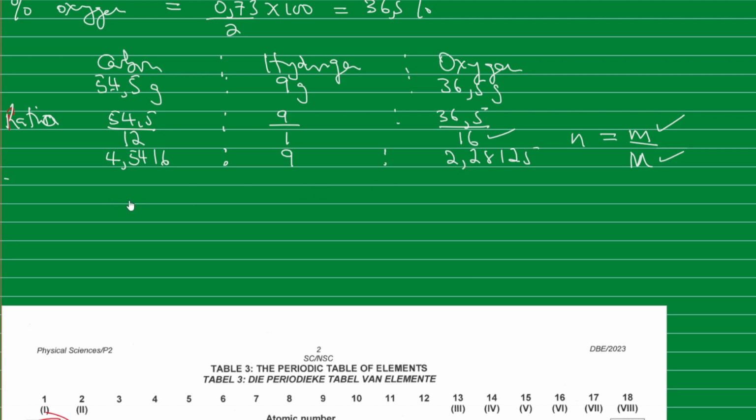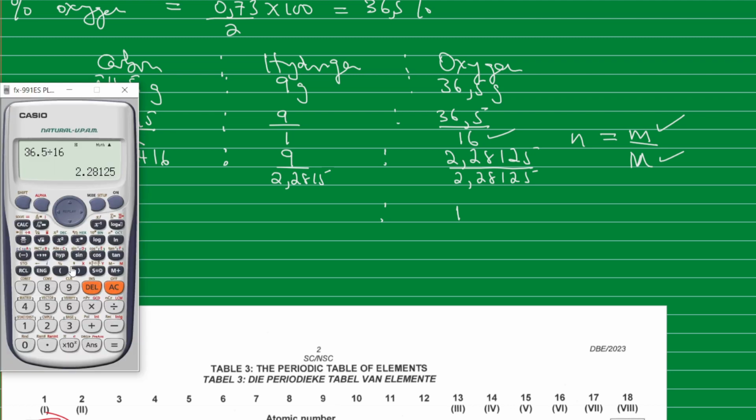Now to find the ratio, we have to reduce this to its simplest form. So we divide this by 2.28125, which gives 1 in simplest form, and I divide this one by 2.28125 as well.